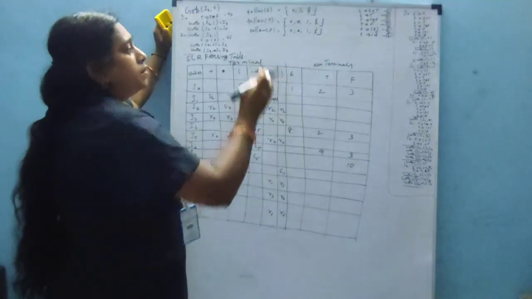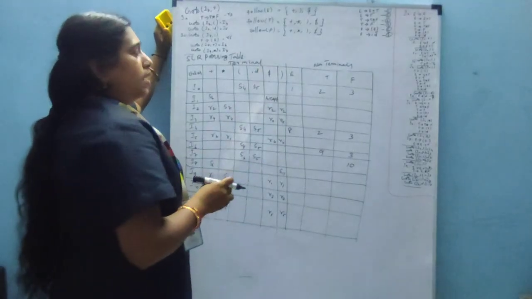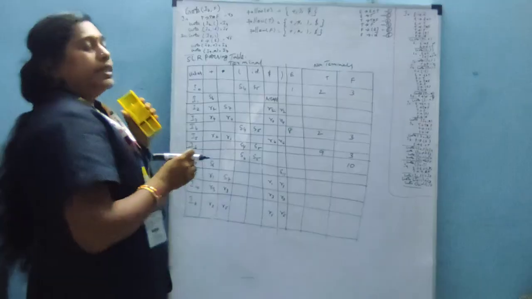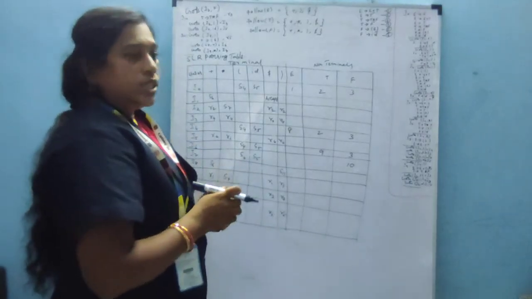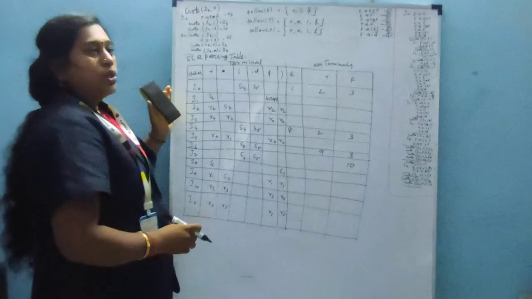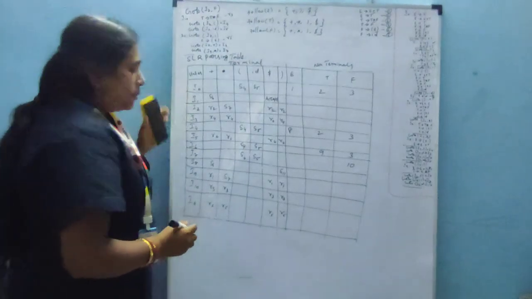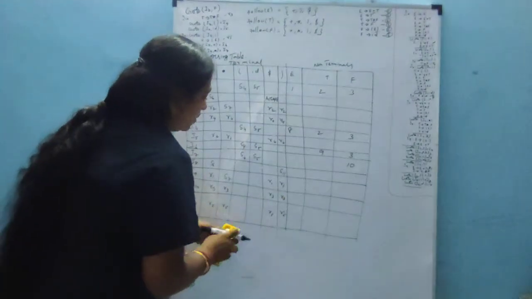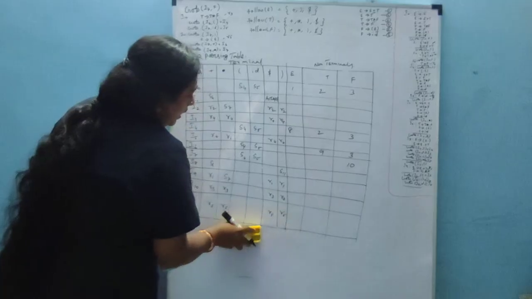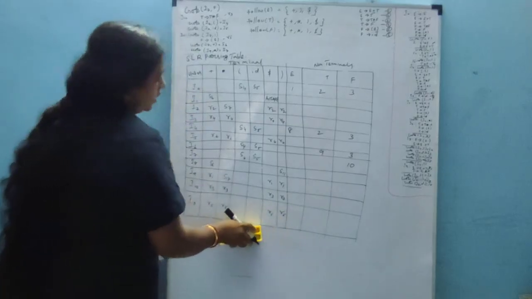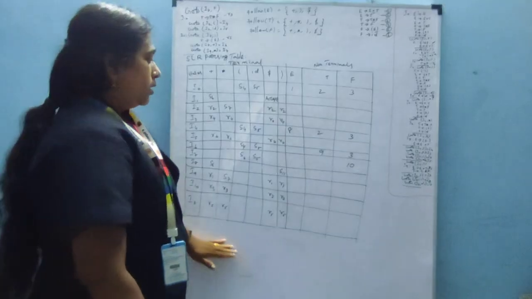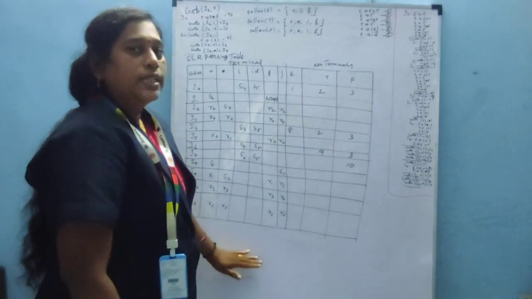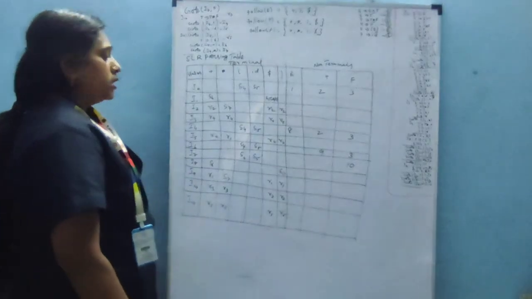So the given question is whether it is an SLR parsing table or not, and finally we have to conclude whether the given grammar is SLR(1). Up to this, we have completed only the SLR parsing table creation.